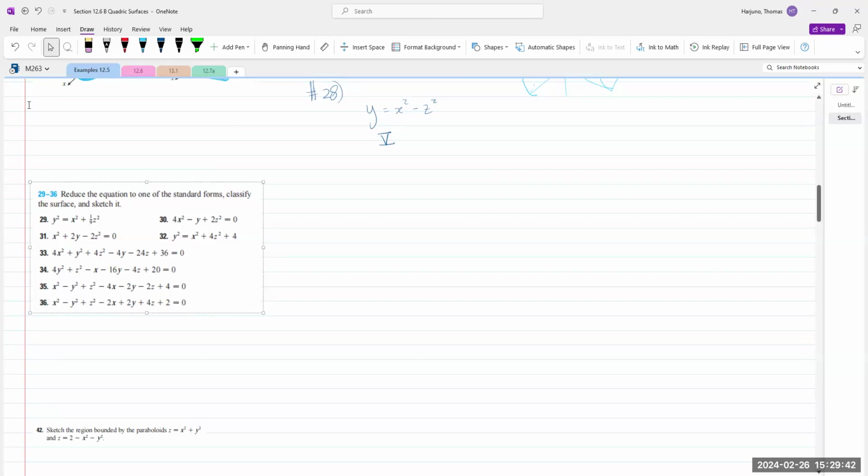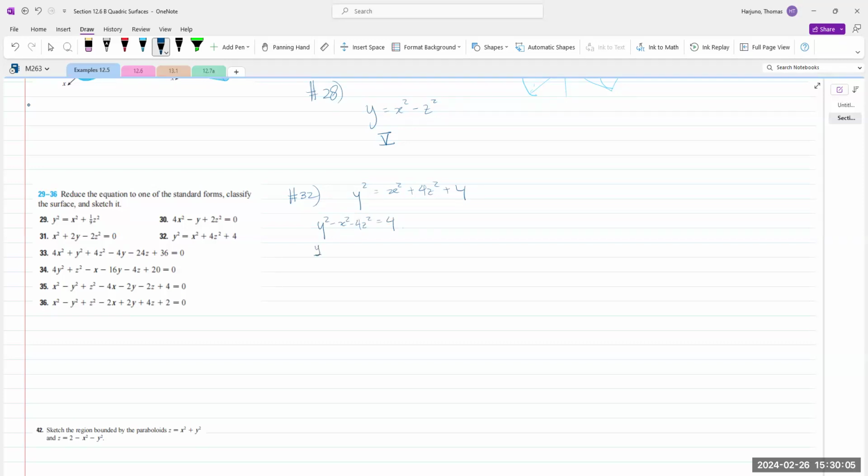Let's see number 32. Number 32, it's y squared equals x squared plus 4z squared plus 4. This is y squared minus x squared minus 4z squared equals 4, divided by 4.